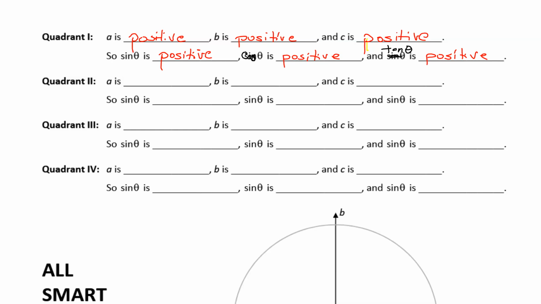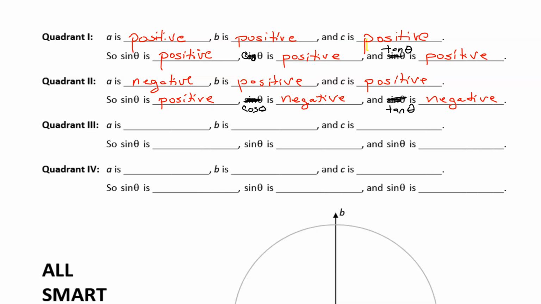As we rotate into quadrant 2, the x-coordinate becomes negative, which corresponds to a. So a is negative, and the other two parameters are both positive. Since sine of theta is b over c, it remains positive. Cosine of theta is a over c, which will be negative, and tangent of theta is b over a, which will be negative.